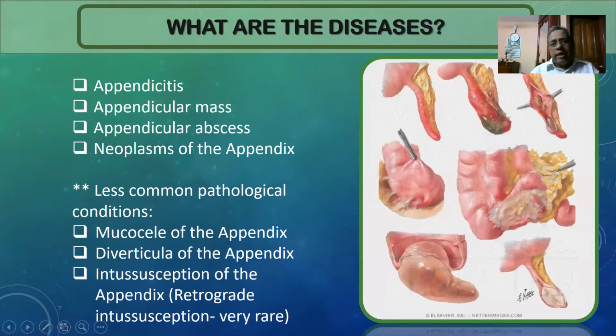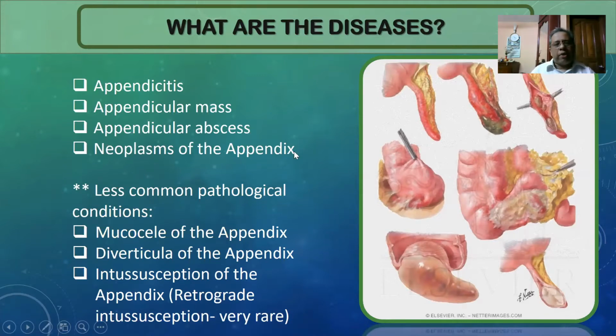So what are the diseases? The diseases are mainly inflammatory and others are neoplastic. Inflammatory again has some varieties, depending upon the severity of the inflammatory condition. So the disease names are appendicitis, appendicular mass, appendicular abscess, and neoplasms of the appendix.